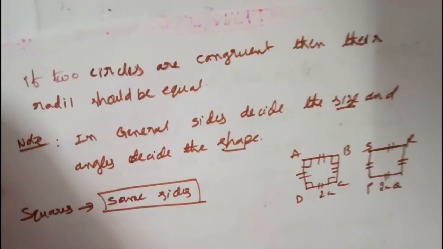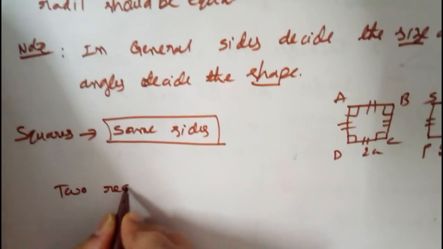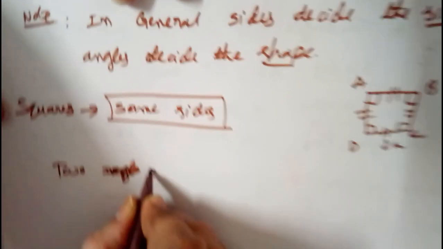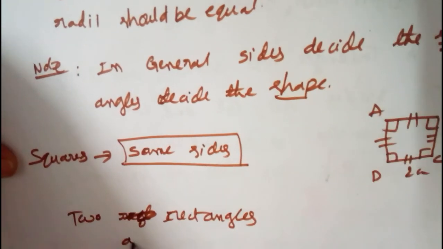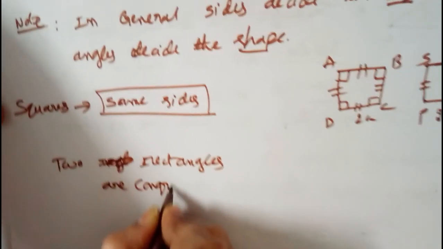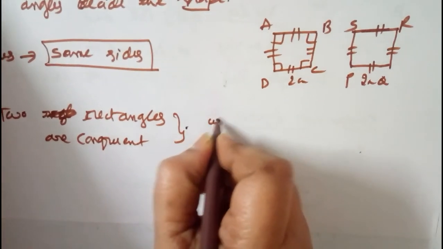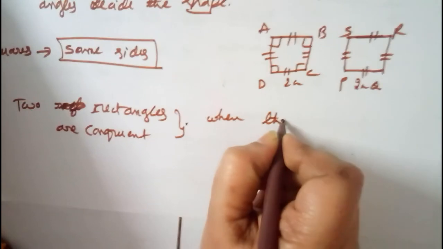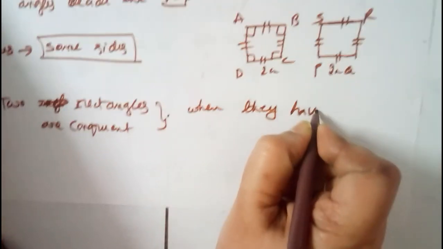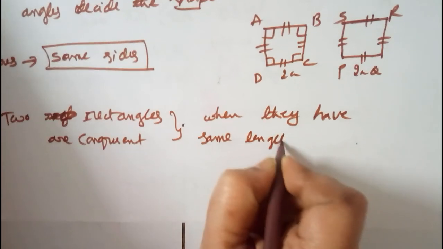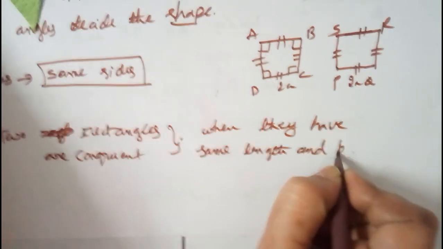Two rectangles are congruent when they have the same length and breadth.